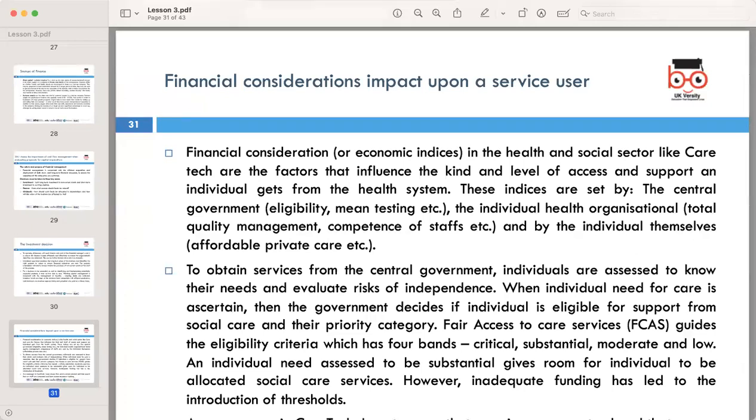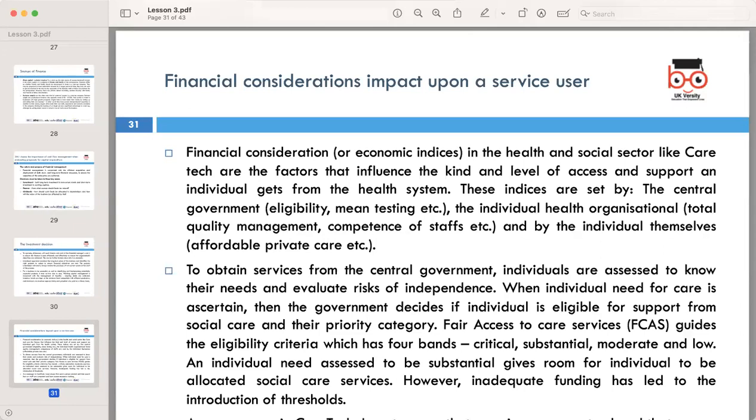To obtain services from the central government, individuals undergo assessment to determine their needs and evaluate the risks they face in maintaining independence. Based on these assessments, the government decides if individuals are eligible for support from social care and assigns them a priority category.